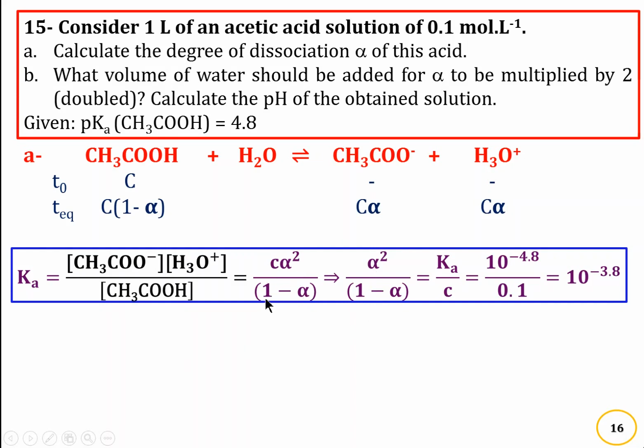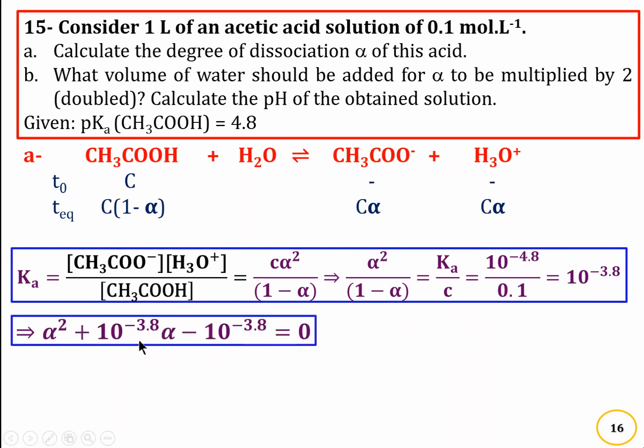So alpha squared divided by 1 minus alpha equals Ka over C, equals 10^-4.8 divided by the concentration, which is 0.1 divided by 1, 0.1 molar. So alpha squared divided by 1 minus alpha equals 10^-3.8.